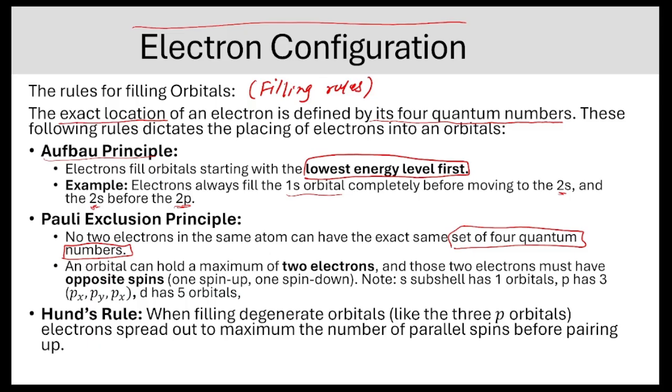The four quantum numbers are like an address. If two electrons have the same address, that means they are overlapping with each other, which is not possible. So the Pauli exclusion principle states that no two electrons of the same atom can have the exact same set of all four quantum numbers.